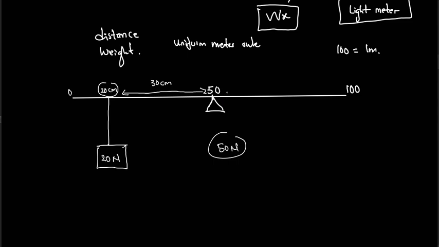So the 50 Newton weight has to be placed somewhere less than 30 cm from the fulcrum, and we're about to find out where. So I'm just going to draw the weights.